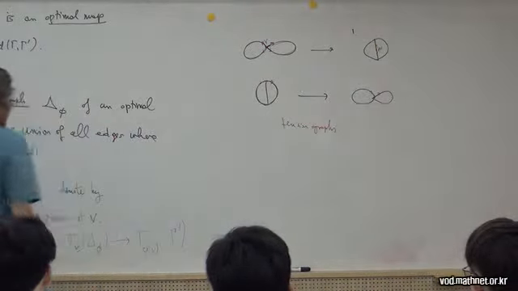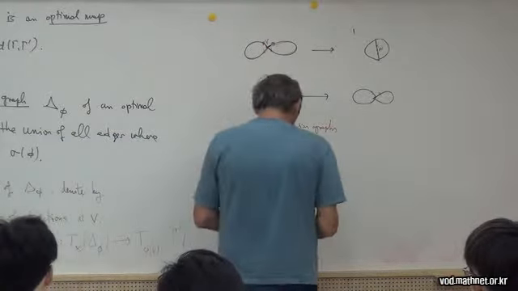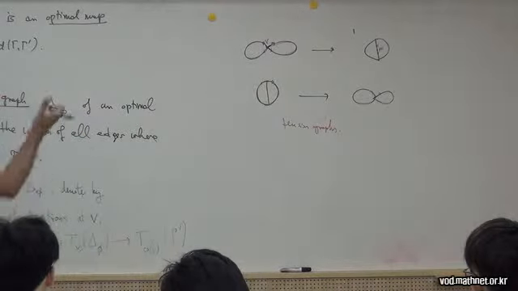And now we can define what a train track structure is, and there's a natural one that comes from this picture.